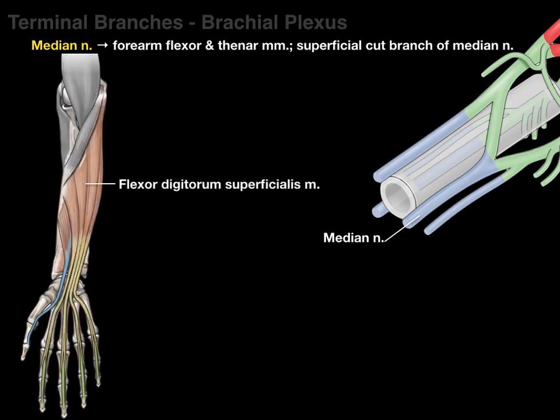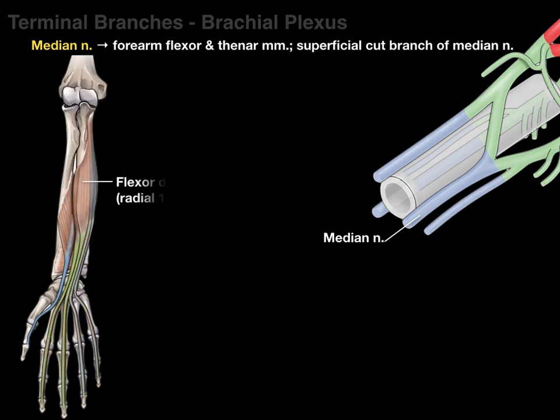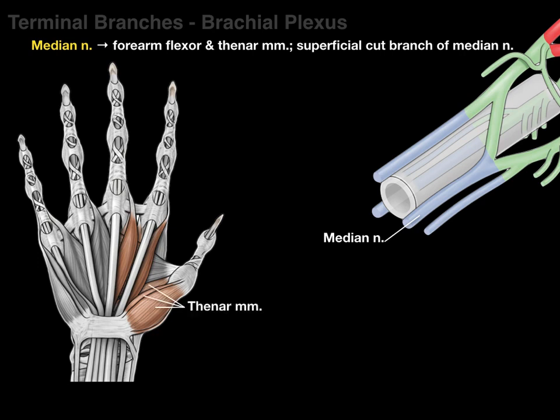It also innervates, deep to that, the flexor digitorum superficialis, and also deep to that, the flexor digitorum profundus, but the radial half only, radial because it's the belly that's closest to the radius, as well as our flexor pollicis longus that flexes your thumb. It also does the thenar muscles, the intrinsic muscles of the thumb, as well as our first and second lumbrical muscles.